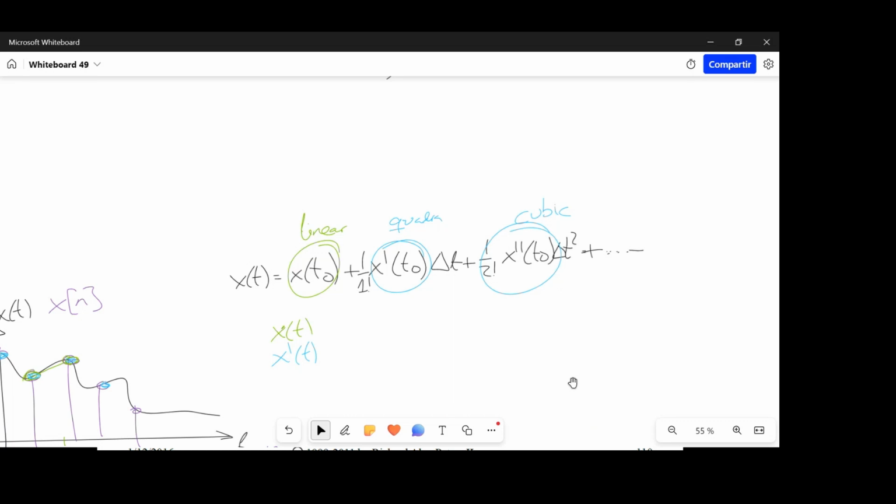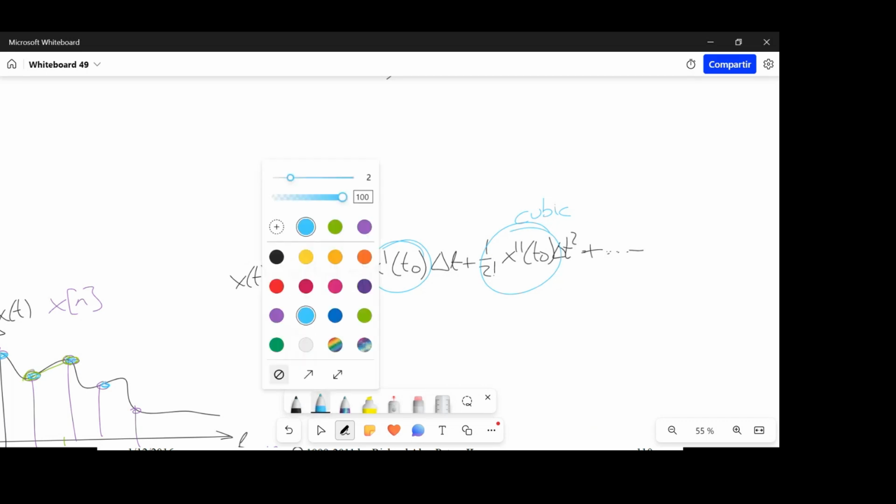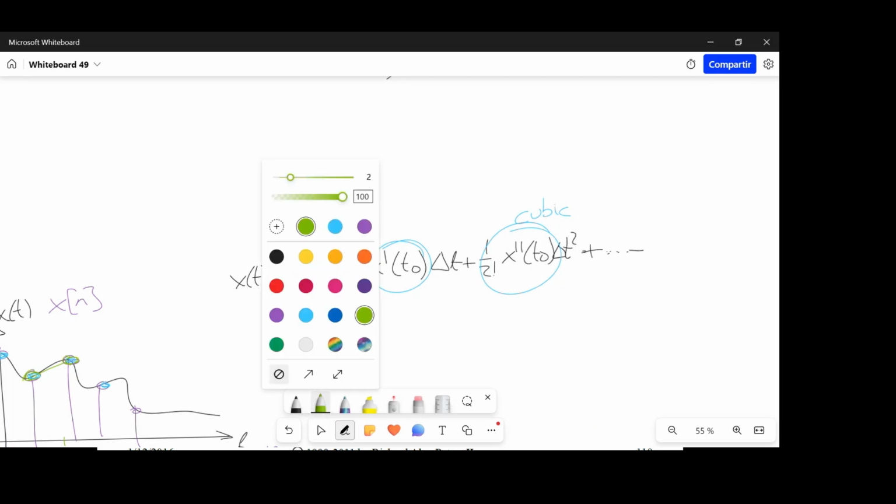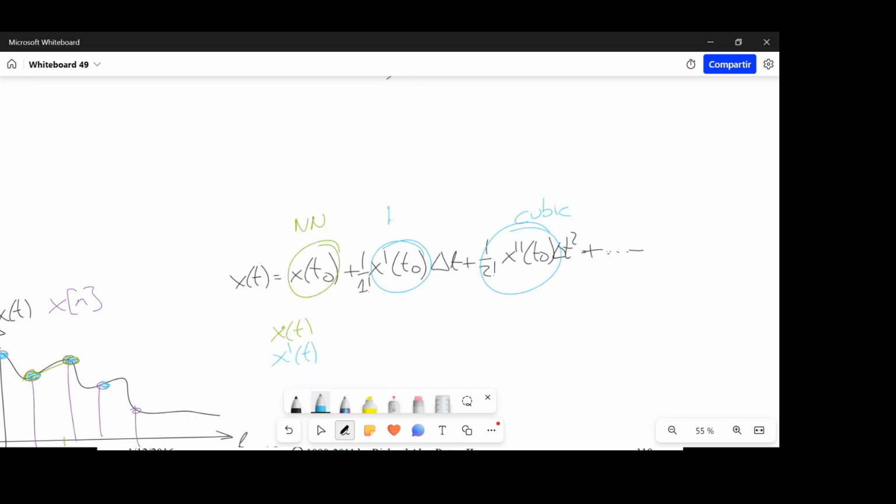If we want to use the same names as we have in the slides, this one is nearest neighbor. This one was bilinear. You see, bilinear was using the fractional parts in some linear way.